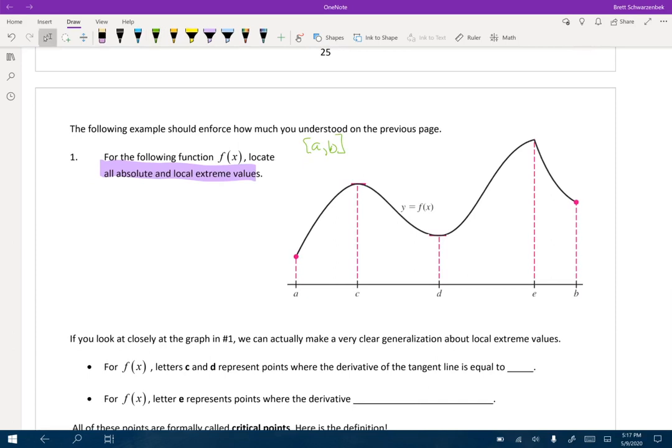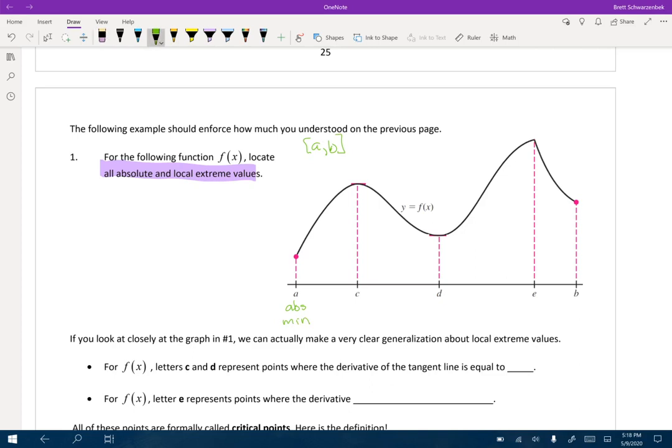Absolute extreme values can occur at any part of the graph at all, so on the entire interval. All we're looking for is the lowest value of y, and you're not going to look very far. It looks like at x equals a, we have an absolute min value. That means it is the lowest value of y on the graph. So what about absolute maximum?